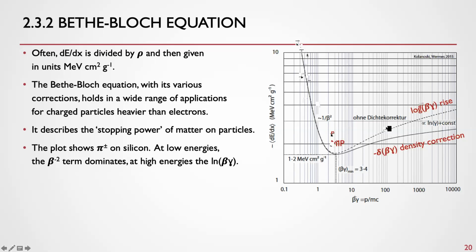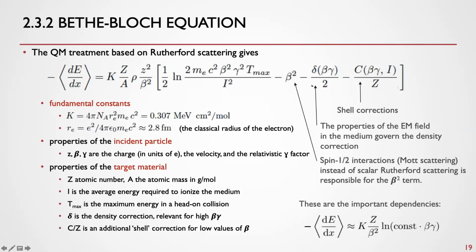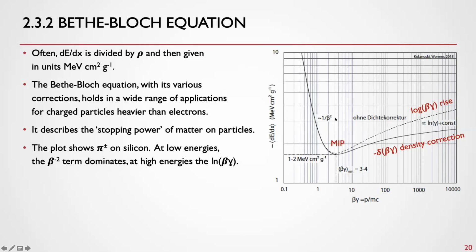Now, the dashed line is our calculation, the one that we have gone through. The density correction, the delta beta gamma density correction, brings you down to more realistic predictions. It's not a small correction. It's mathematically complicated, and we don't learn anything.